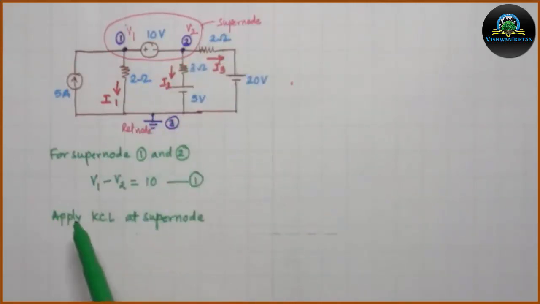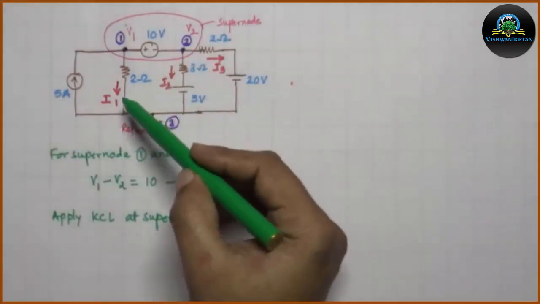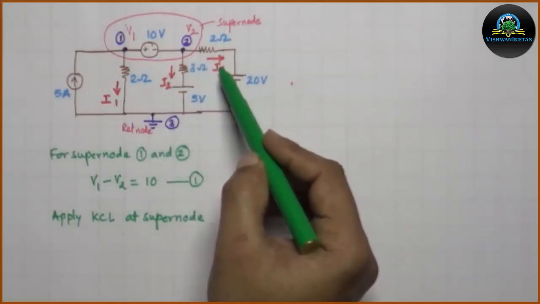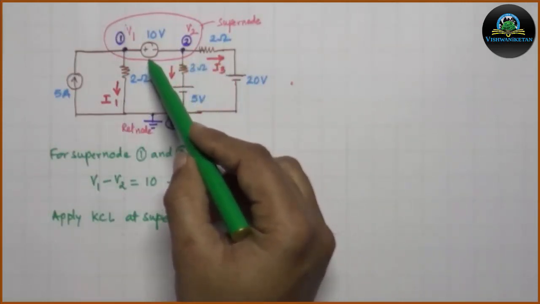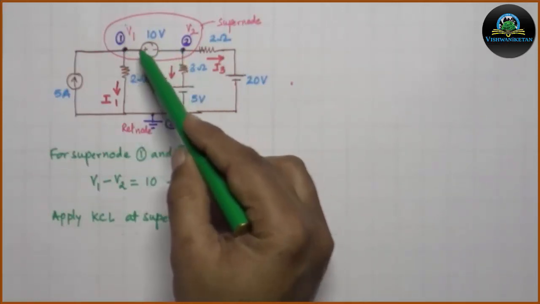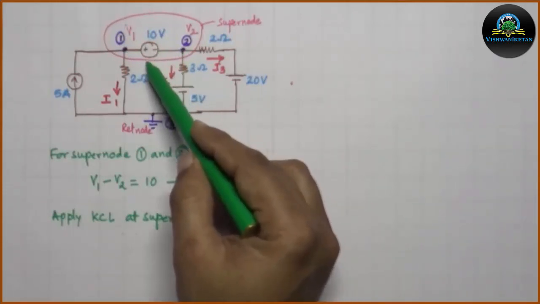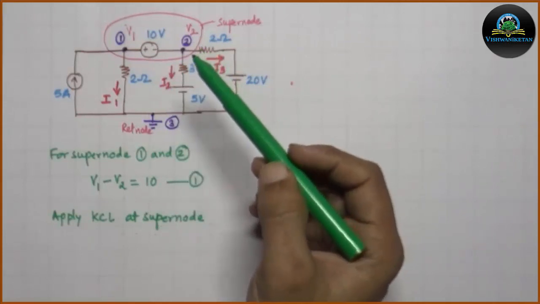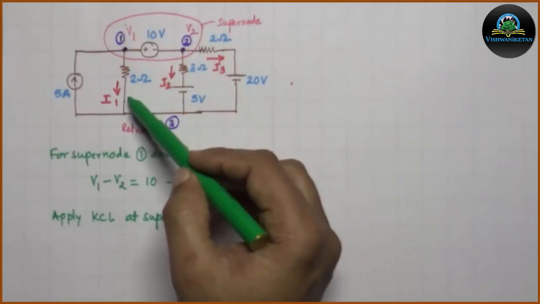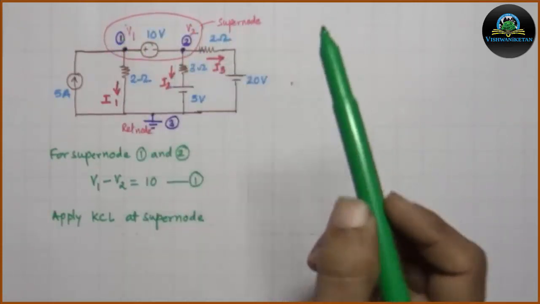Hence, sum of incoming current is 5 ampere and sum of outgoing current is I1, I2, I3. As no current is indicated for this element because the potential difference between 1 and 2 is 10 volt, hence no current will be considered for 10 volt battery. Remaining currents are I1, I2 and I3, which are outgoing currents for combined node as supernode.